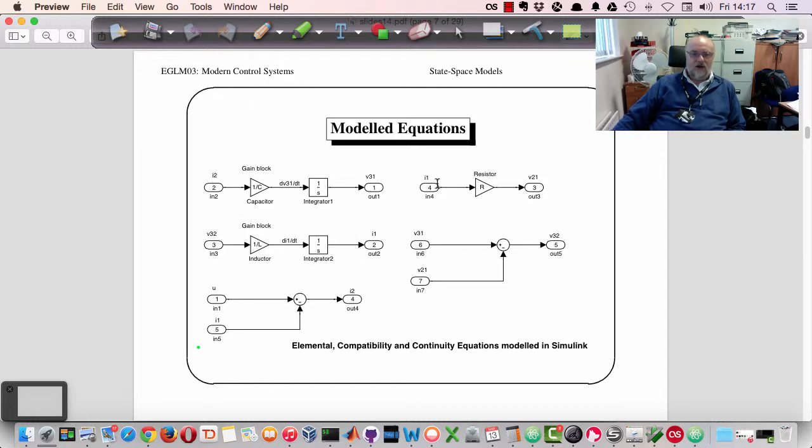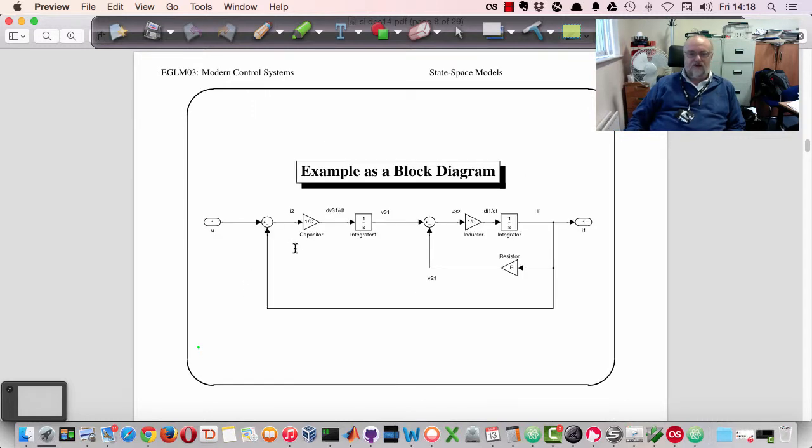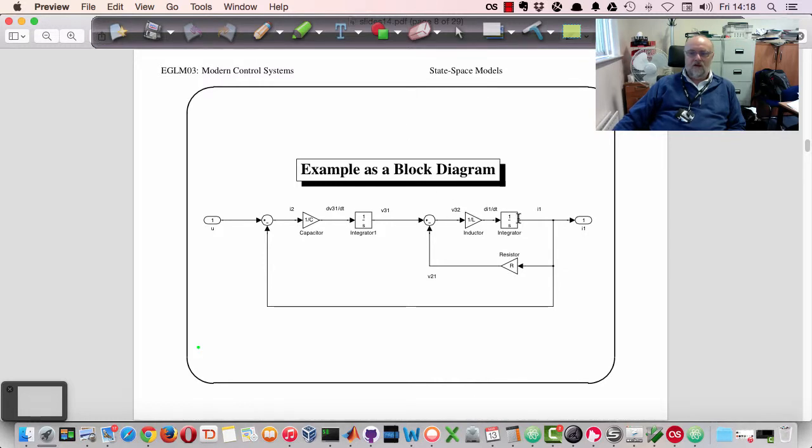You can see the inputs and outputs of those things, and then we have the compatibility equations here and here, one for current, one for the voltage. And there's really only one way to wire this up, and that's this one here. So putting all those equations together, we have two blocks which involve an integrator.